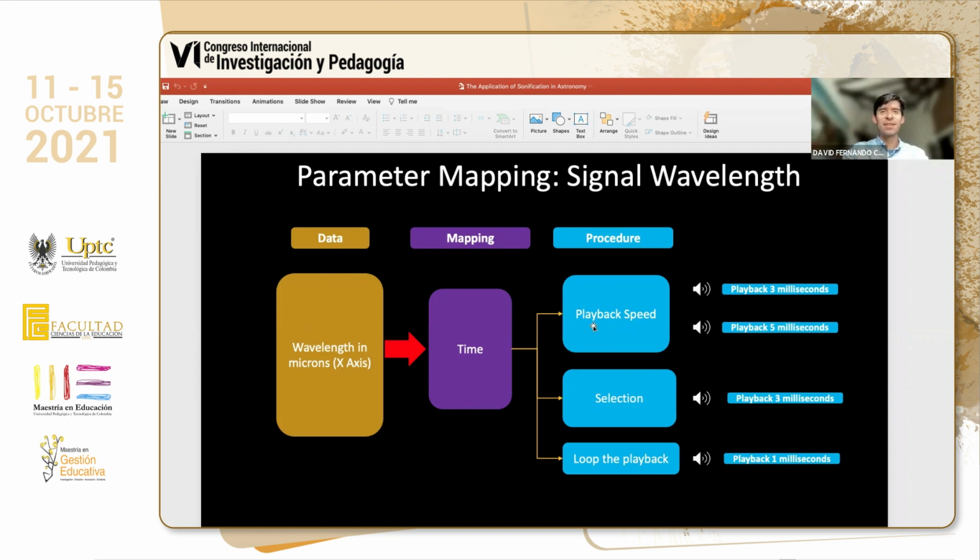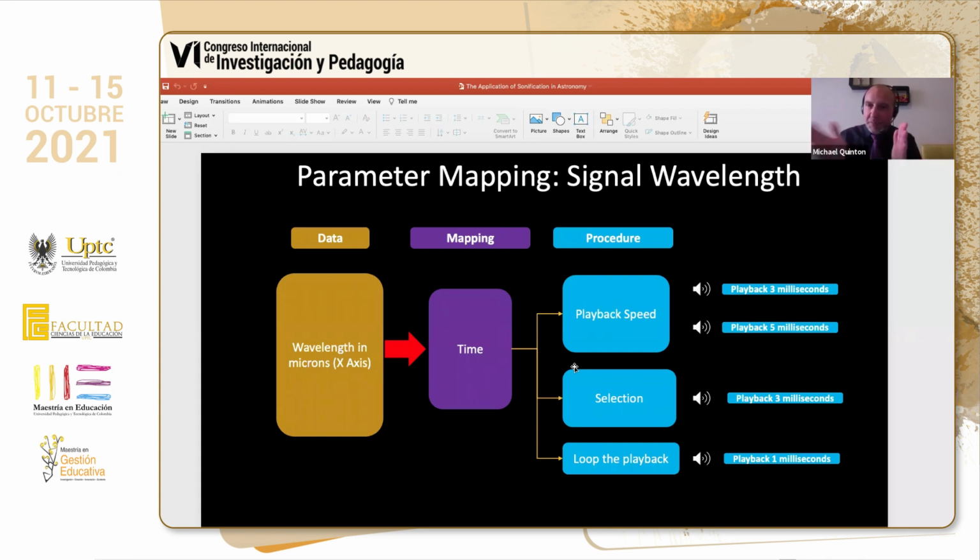In this case, we had approximately 19,800 lines of data, which are all part of the wavelength. And as you can see, we could map the wavelength to the playback speed, the selection. So you didn't necessarily have to listen to the sonification from the beginning to the end.